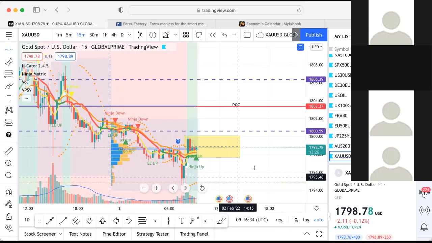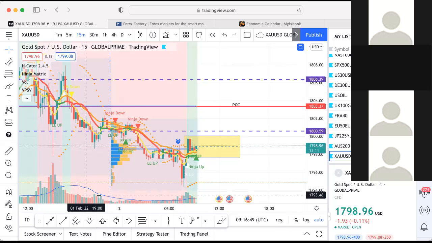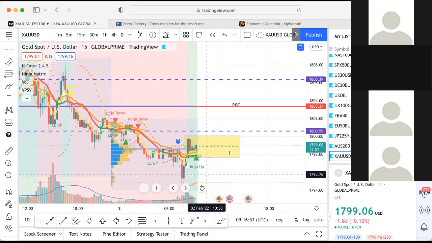But I do look at it, because as you can see there, there's a pretty good indication of a spike in volume up to there, then a drop off, and then very low volume all day today. It increased a little bit at that point there, and there was some movement surrounding that.